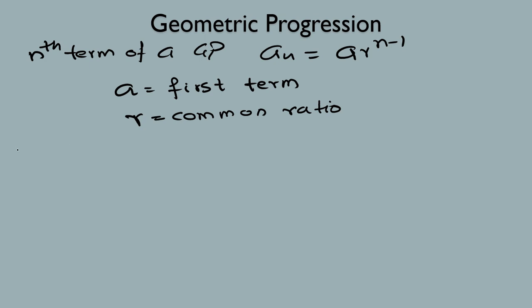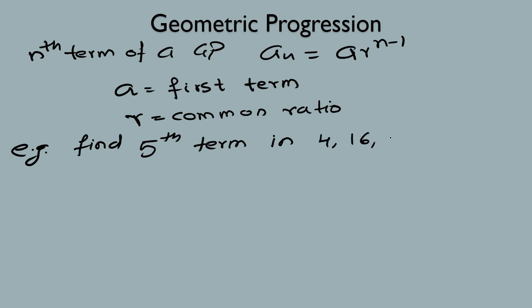Okay. For example, suppose the question is: find the 5th term in the progression 4, then 16, then 64, like that. You can see here the first term is 4, and the common ratio r is 16 divided by 4, that is 4.